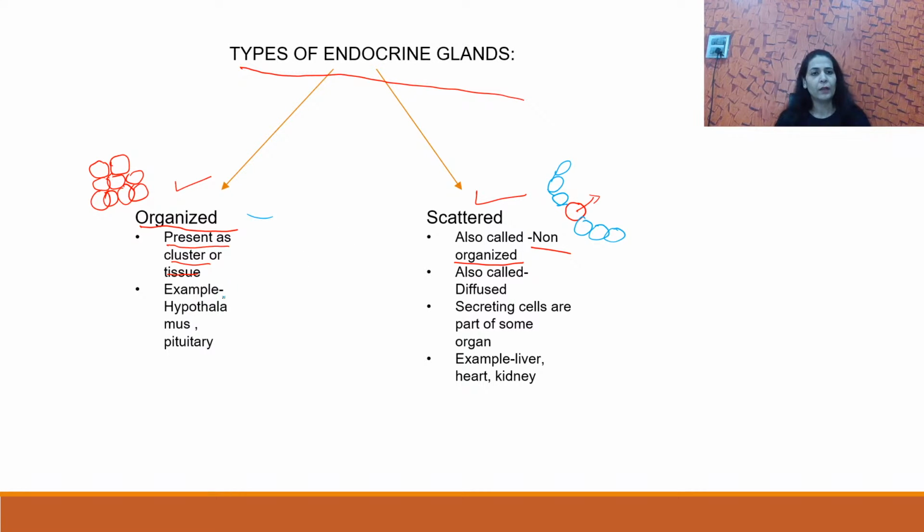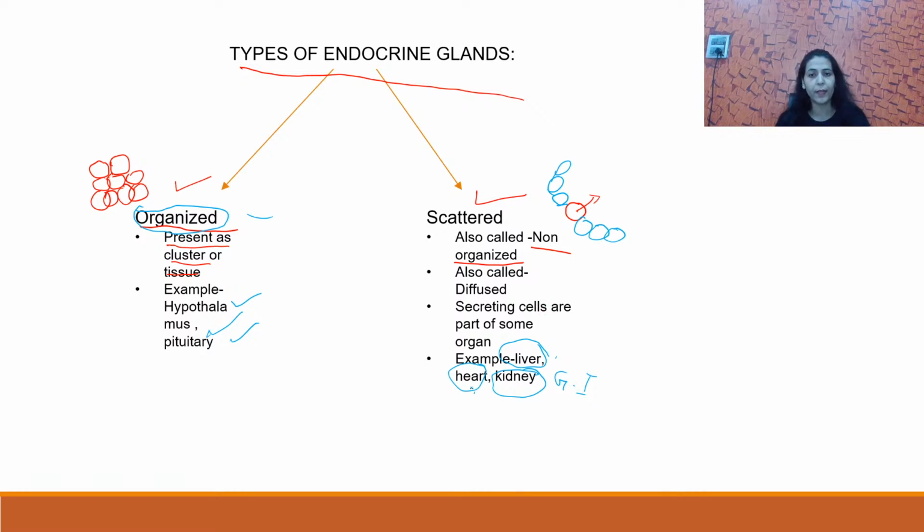For example, hypothalamus, pituitary and thyroid are all organized, because their entire tissue, the whole lot of tissue, acts as an endocrine gland. But liver, heart, kidney and intestinal mucosa, that is the GI tract, do not have all parts producing hormones.